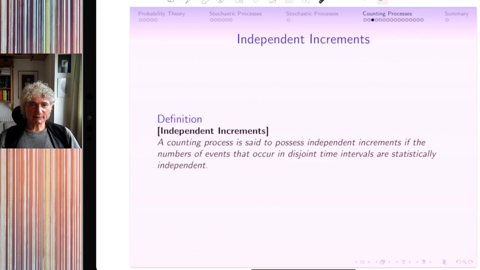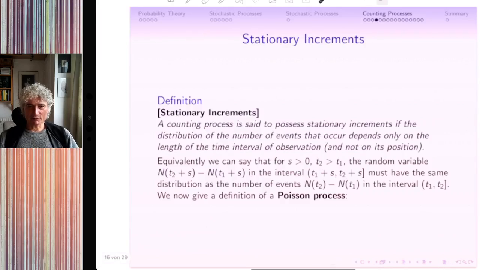What is the idea about that? Well, it means if we shift a certain time frame, so a certain interval of time over the process, then the number of things we observe should be statistically independent of each other. Look, this is in contrast to the definition of stationary increments.